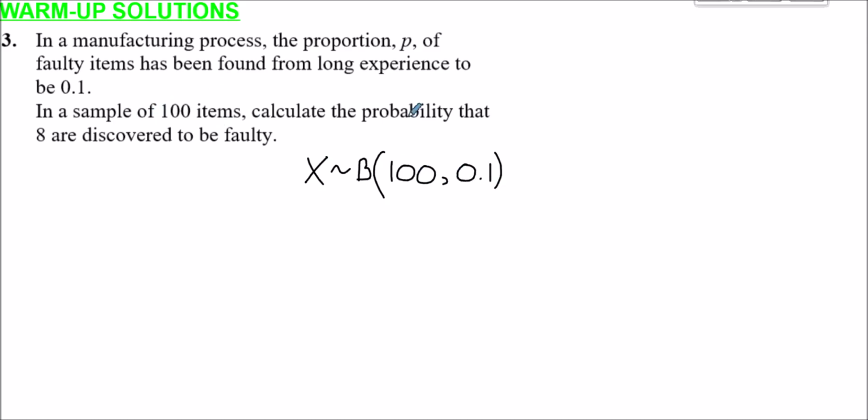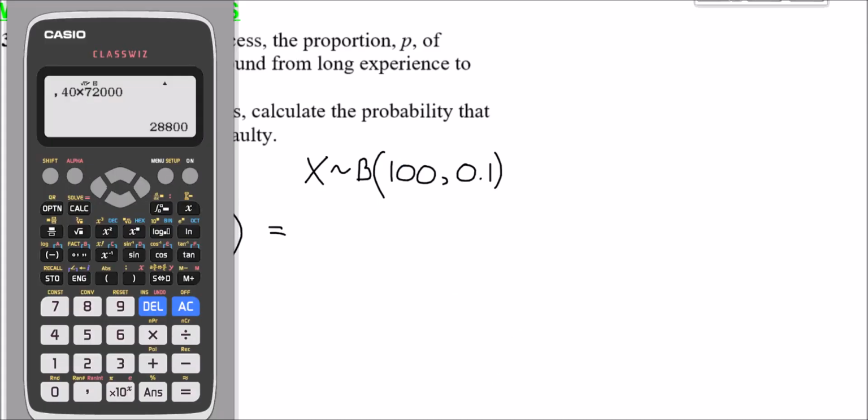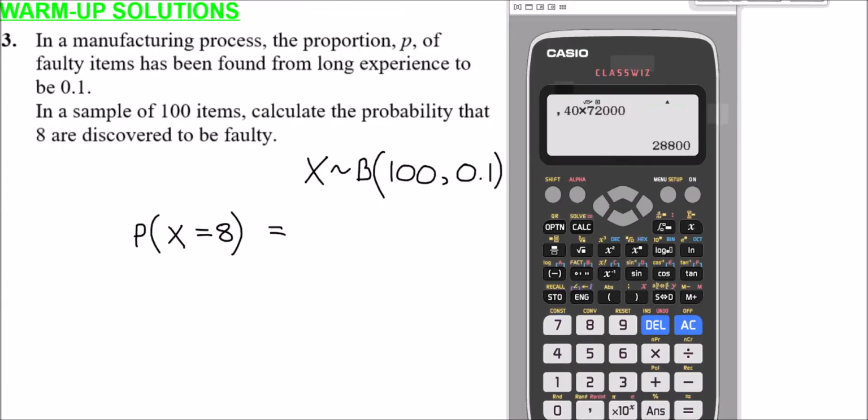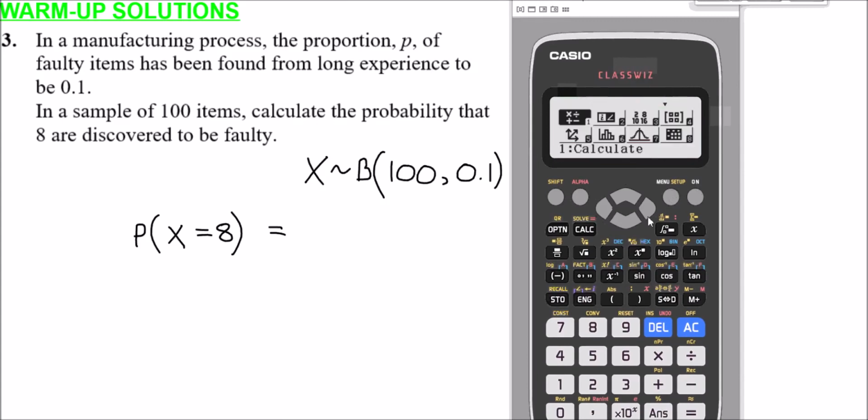So what we want here is to find the probability that our distribution takes the precise value 8. So P(X = 8). Now, just to remind you, this is a ClassWiz job, or can be. So we're going to press Menu, 7. We want a particular exact probability, so we go for binomial PD, option 4.